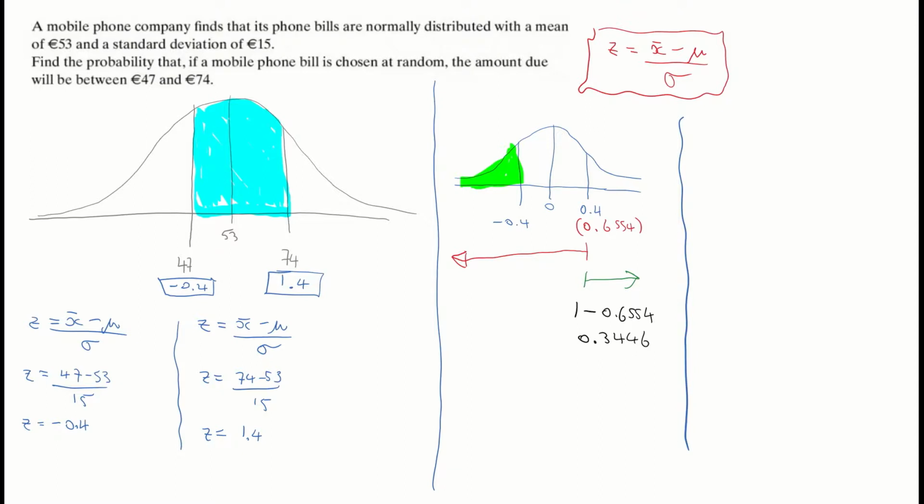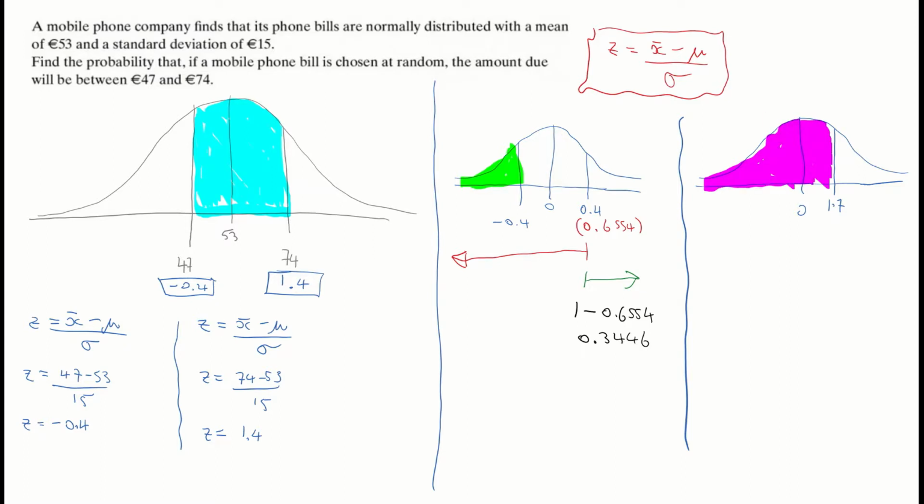Next thing I'm going to do is the same thing again. I'm going to draw my bell curve and mark in the 74 euro, or the 1.4 z-score. And I'm going to find 1.4 from my log tables and turn that into a probability. Again, just remember you read it from right to left.